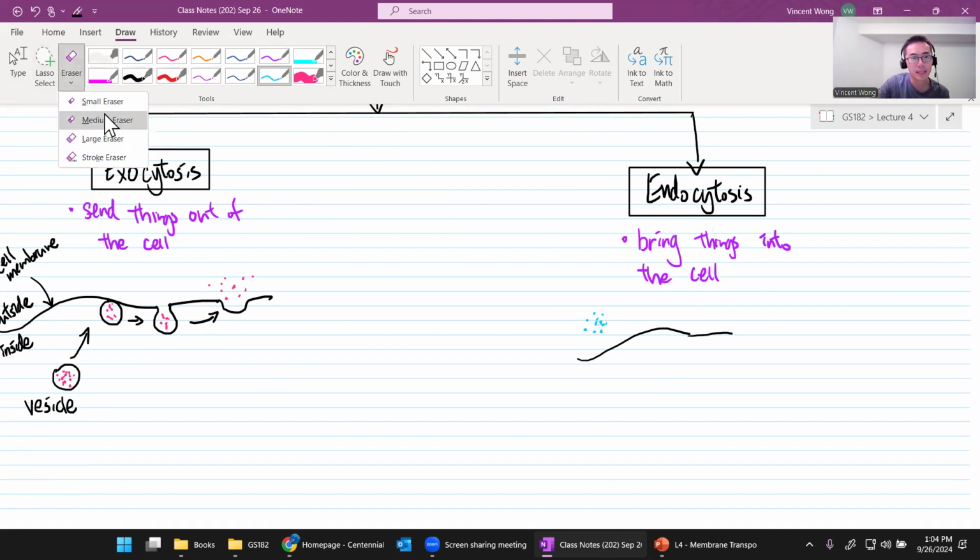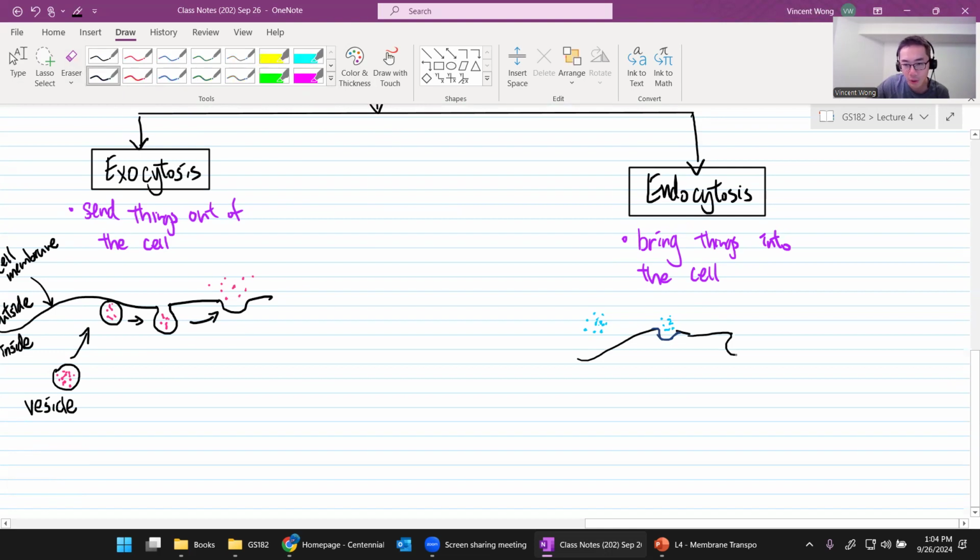What's going to happen is that the cell will create a kind of groove, and then the blue stuff will sink into it, and eventually you will close off the area like this, and then the vesicle will be internalized.